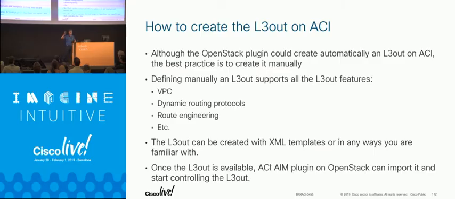You define it in ACI, and then you consume it in OpenStack. So the L3 out is already existing in ACI, and what you need to configure is, if it is a VPC towards your external router, if some dynamic routing protocol is enabled, all these things of an L3 out should be there, and then you consume it from an OpenStack perspective.